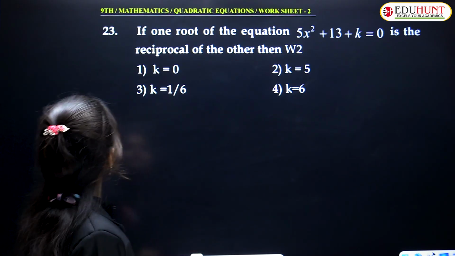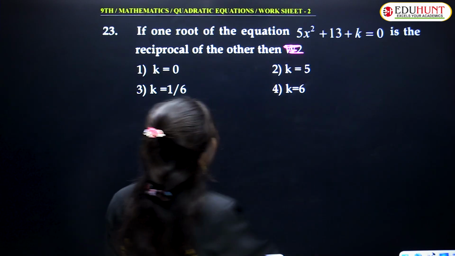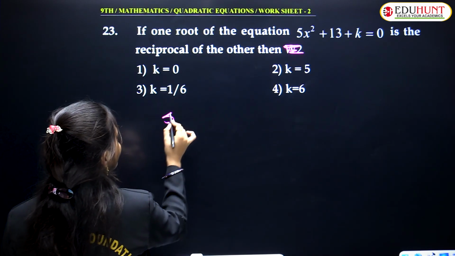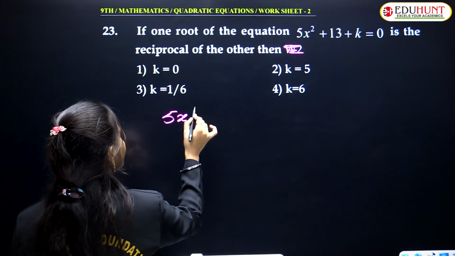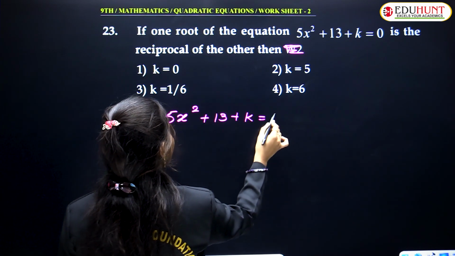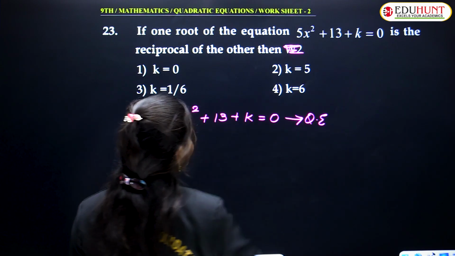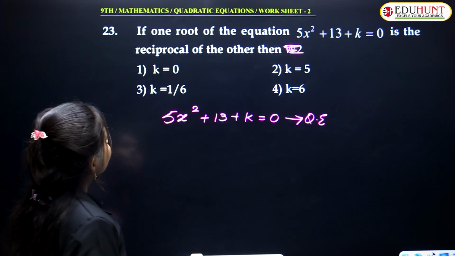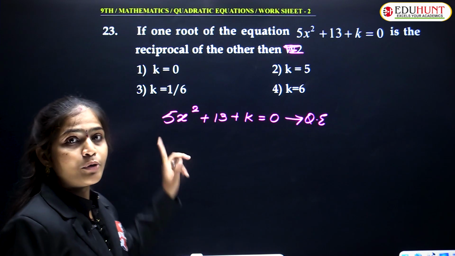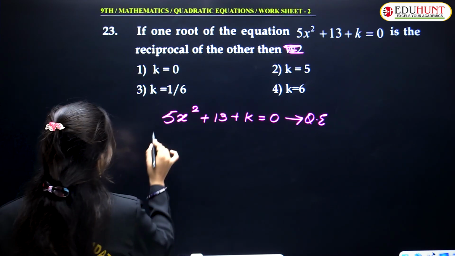So see here next question, 23rd one. If one root of the equation is, actually what is the equation? 5x square plus 13x plus k is equal to 0. This is the given quadratic equation. So one root is the reciprocal of the other. What they given? One root is the reciprocal of the other.